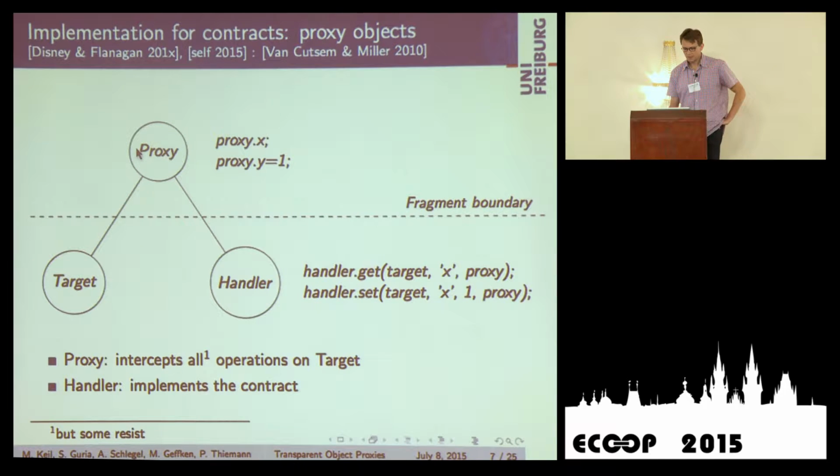You essentially introduce an indirection, and the nice API provided, in ES6 actually, allows you to redirect usual object operations on the proxy object and translate them into method calls on a handler object. And the idea then is, instead of your target, you use a proxy that interprets many operations on the target, and then use the handler to implement whatever the contract says.